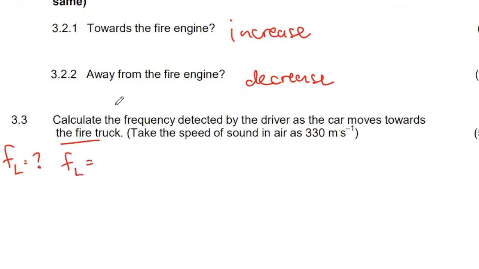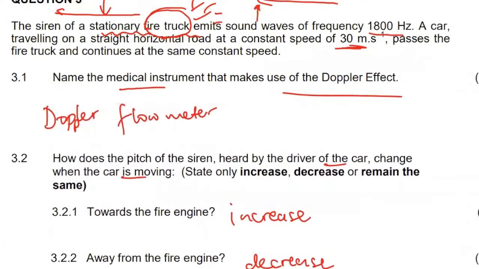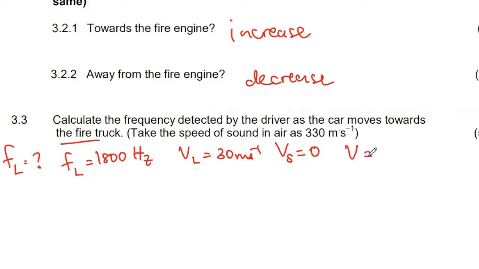The frequency of the source, we said 1.8 hertz. The velocity of the listener was 30 meters per second. The velocity of the source is stationary, so it's 0. They're telling us our V should be 330. Okay, so we have all the information.